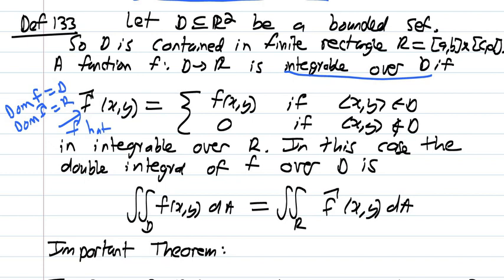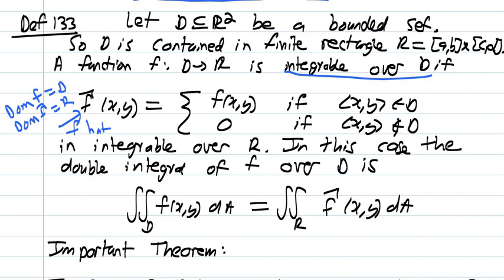So if f hat is integrable over R, then we are happy, because then we can say little f is integrable over region D. And as before, in this case, we're going to define the double integral of f over D as that magical value we get when we integrate f hat over rectangle R. So the notation is as follows.